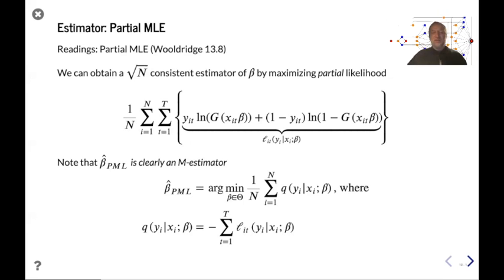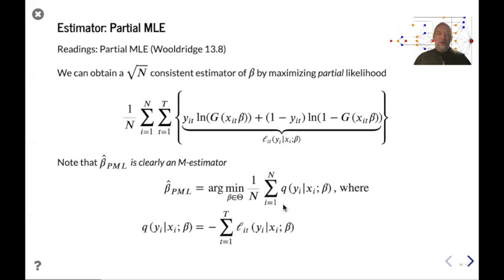And how do you see that? Well, we have an estimator in this form. It's a sample average of some objective function over randomly sampled units, and that's an M estimator. So right there, the partial maximum likelihood inherits all the properties we already derived once for M estimators. So that's very good. We don't have to do the labor again.